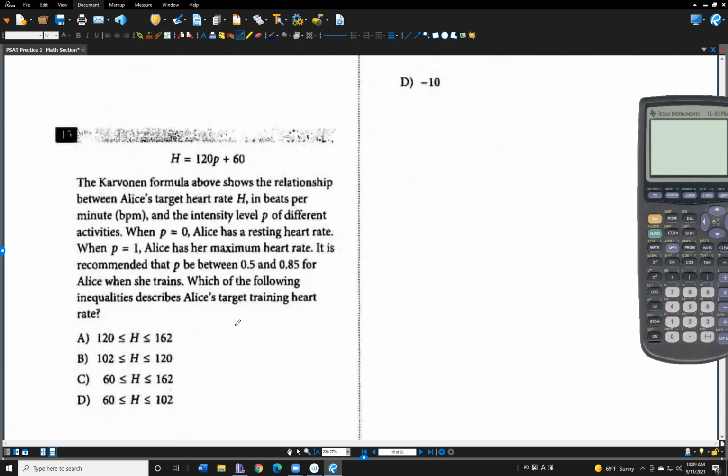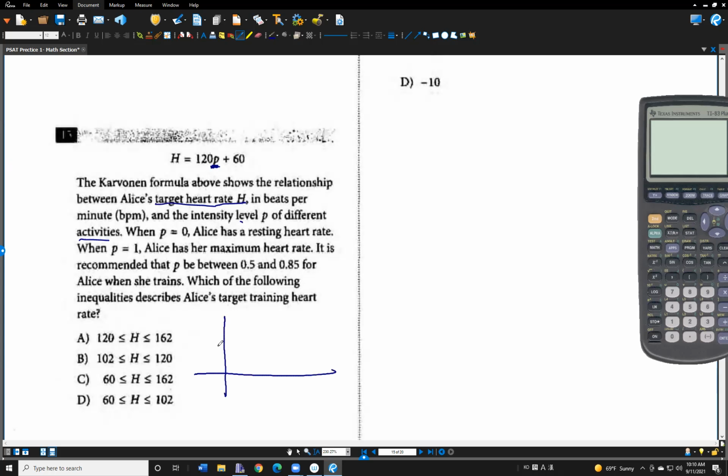All right, number 13 over here. We have a target heart rate H. This is a target heart rate. And P is the intensity level, P for different activities. This is a different level. When P is 0, that is 60, isn't it?